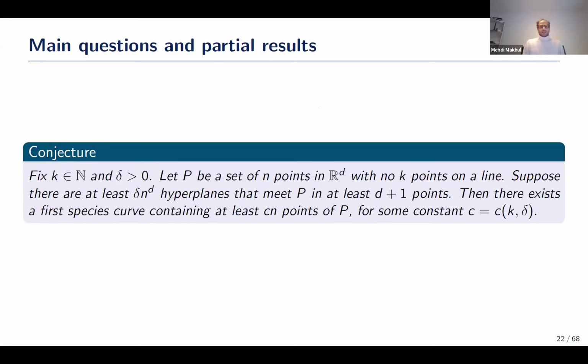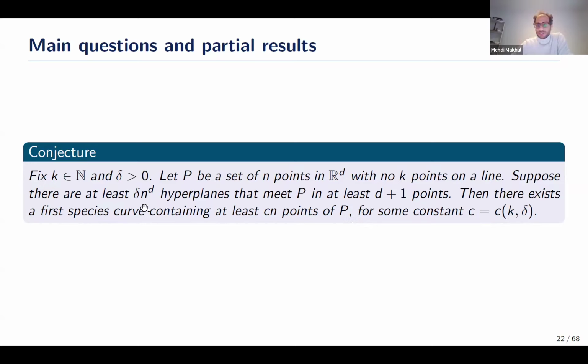And there is an analog of the Green and Elekes-Szabó conjecture: if I have a set of points in d dimensions, not too many on a line, and I assume this set spans too many hyperplanes which are d plus 1 rich, then there must exist a first species curve containing at least c times n points, where c again is a constant dependent on K and delta, which we fixed in the beginning.